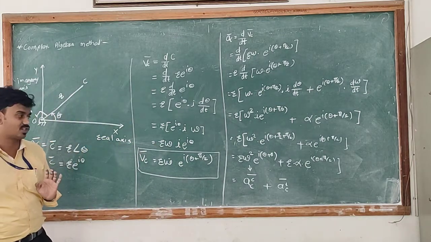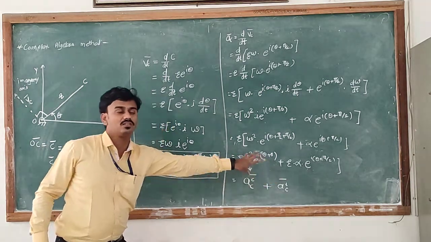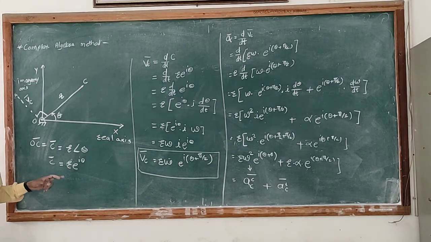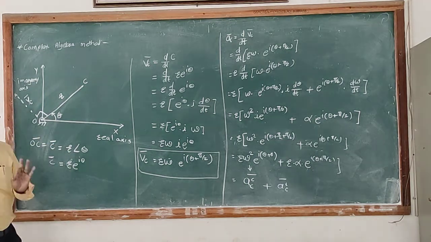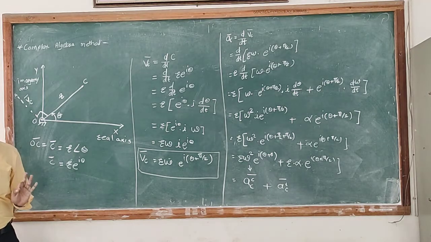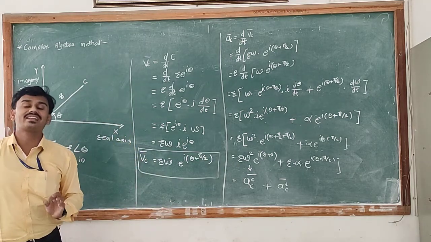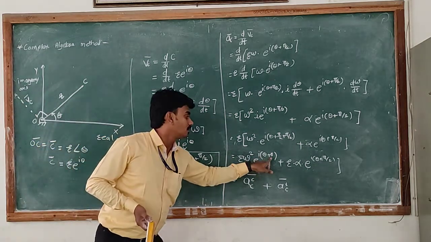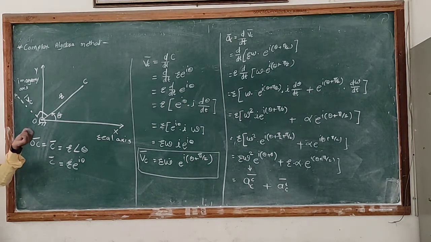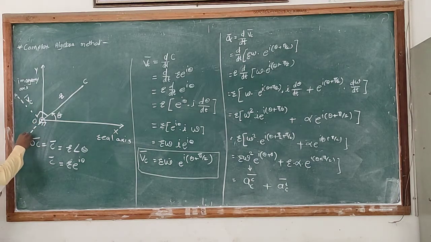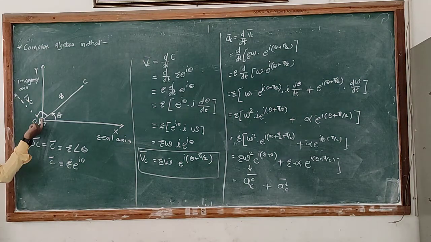Okay, if we compare the centripetal acceleration with this term, we find that the angle between the position vector and the centripetal acceleration differs by pi. This means the angle between centripetal acceleration and the position vector is 180 degrees. So for this dotted line, AC C bar, the angle between these two is 180 degrees.